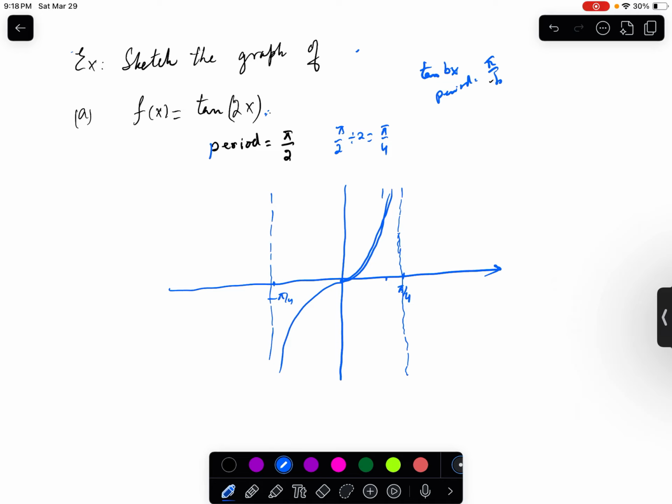So if this is pi over 4, you can see the distance between the two asymptotes is pi over 2, which means we should be able to find the next asymptote at a distance of pi over 2. So pi over 4 plus pi over 2 will give you 3 pi over 4. You just go the same distance, this much, and put right here 3 pi over 4 and draw the asymptote, and then the center will be pi over 2.